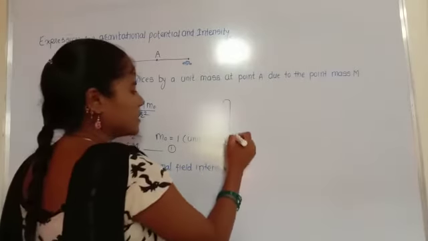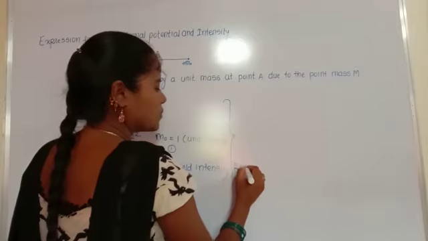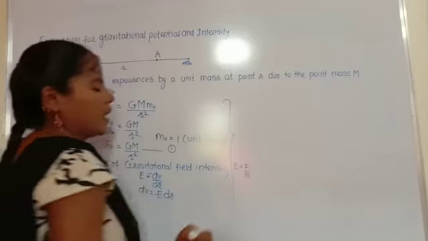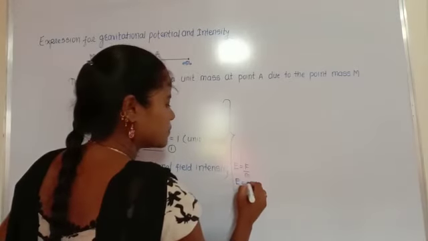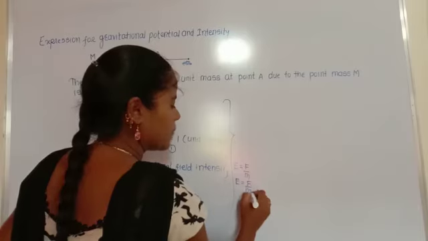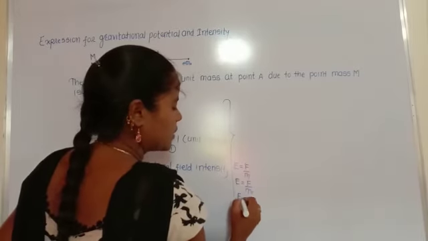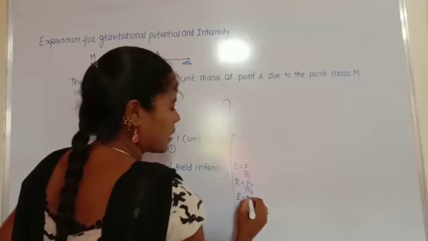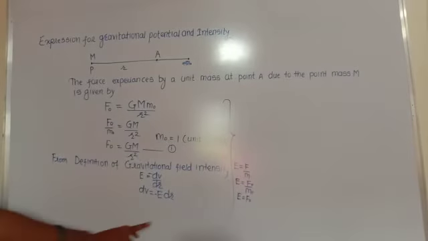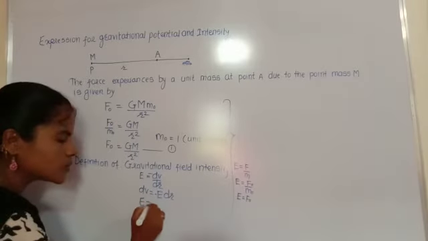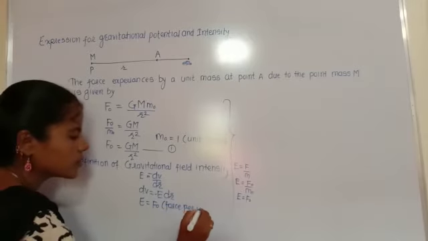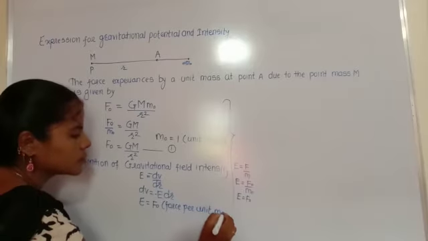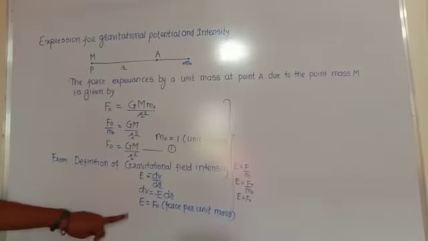If we take the unit mass, E is equal to F by m0, which has the value 1, therefore E is equal to F0, force per unit mass. E is equal to F0.